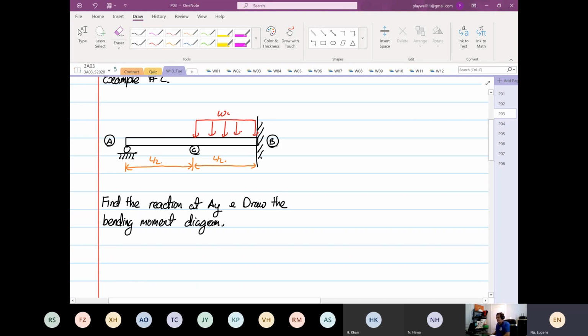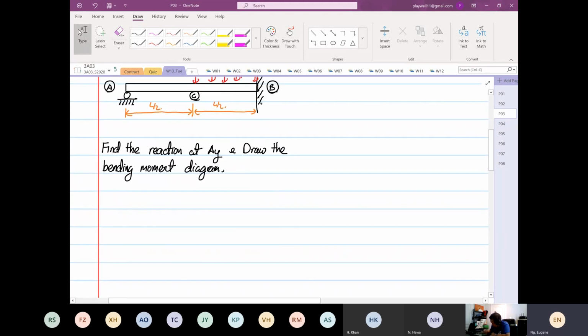As you can see, this structure is statically indeterminate. So note that the structure is statically indeterminate.